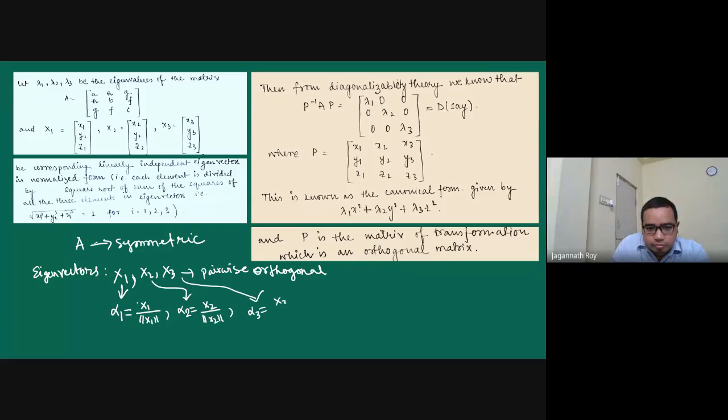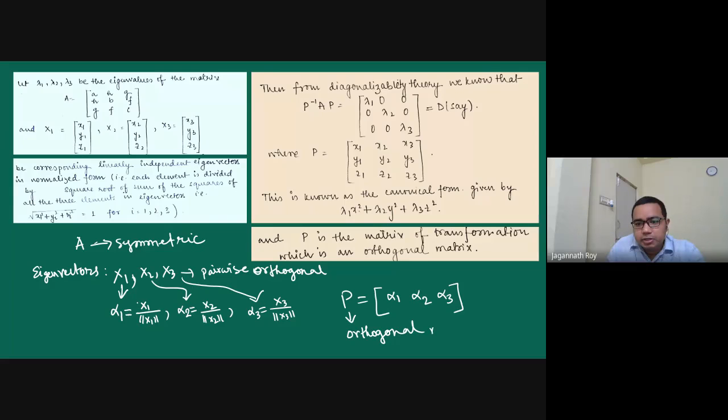Now, further, we will define P as this matrix. We'll take these column vectors alpha 1, alpha 2, alpha 3. Then P will be an orthogonal matrix.